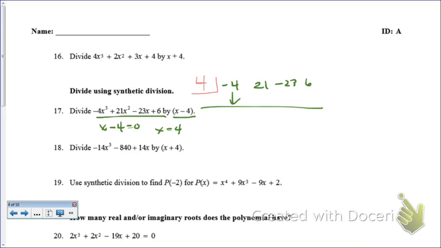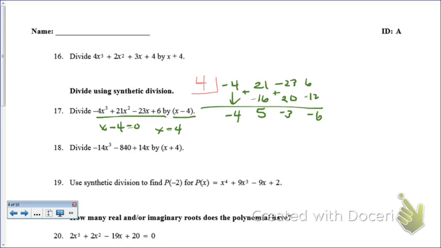Okay, we always bring down that first term, so that's negative 4. And then you're going to multiply 4 times negative 4 and put it in the second column, which is negative 16. Alright, you're going to add that column, which is 5. 4 times 5 is 20, so you put it in the third column. Add again is negative 3. 4 times negative 3 is negative 12. And you add the last column is negative 6.